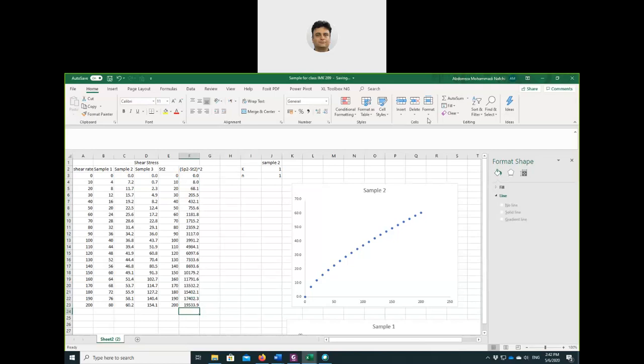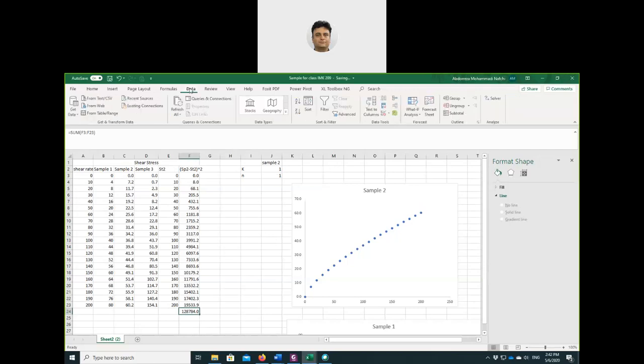How to sum? I have the sum, and I want to minimize this least square score. I want to minimize this summation by changing these two, using the Solver from Data.